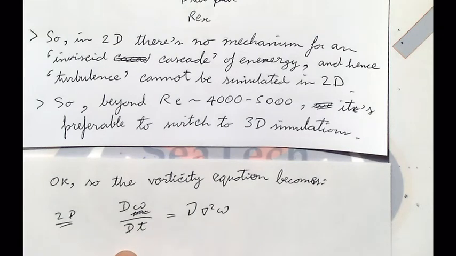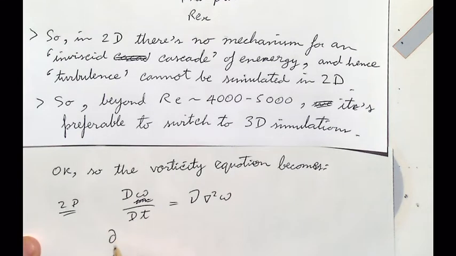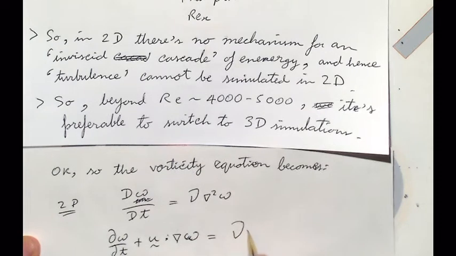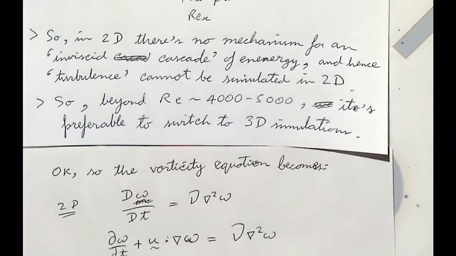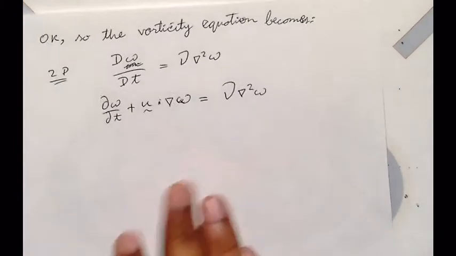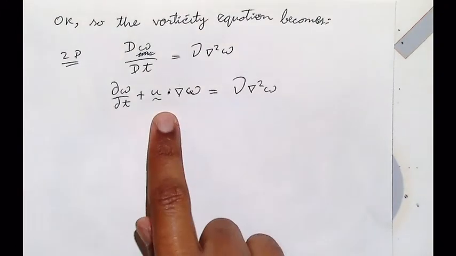This is a material derivative. So if we expand it out, this is actually del omega by del t plus u dot grad omega equals nu grad squared omega. Right? So we have advection and we have diffusion.